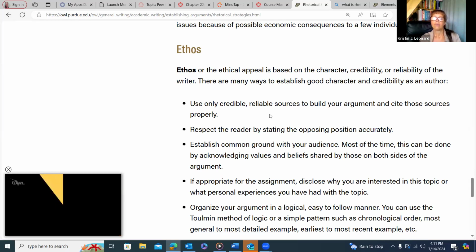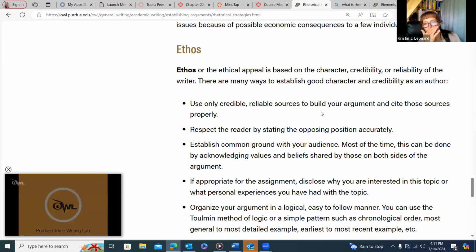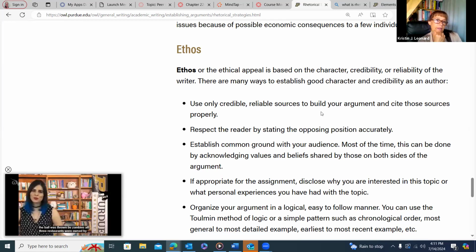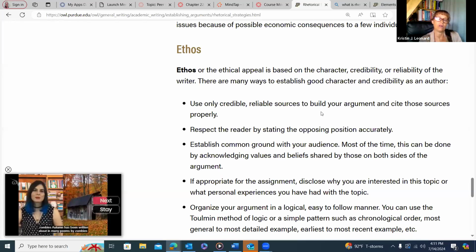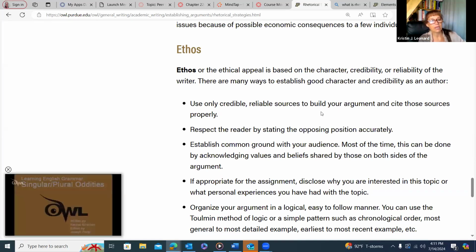Okay. Use only credible, reliable sources. This is the first one, to build your argument, and cite those sources properly. Exactly. Again, this all goes back to that audience, because you are part of the academic world. So we kind of piggyback off of the research that's been done before.